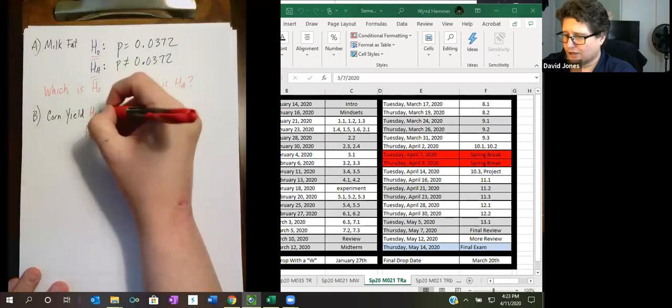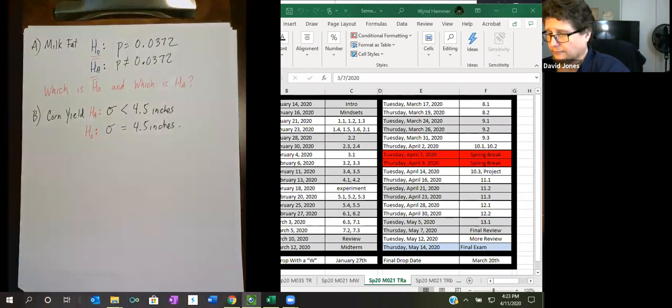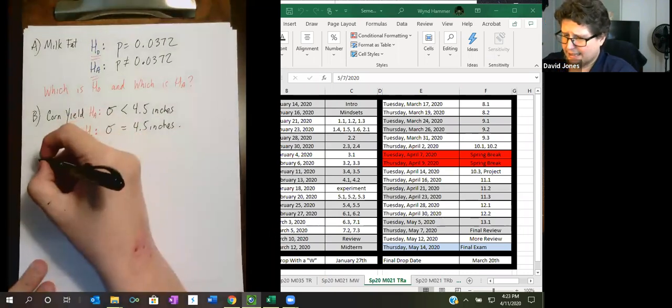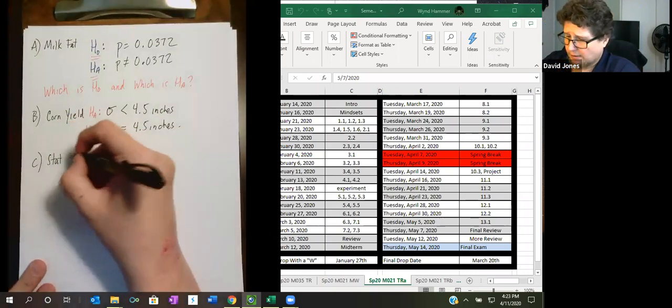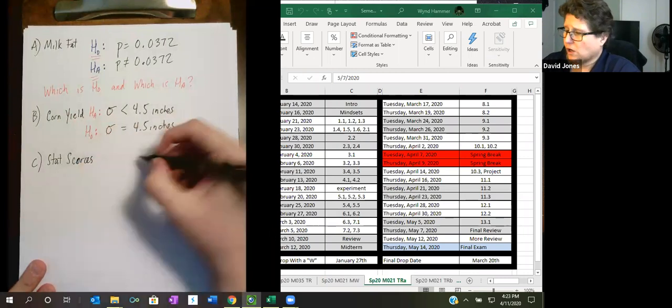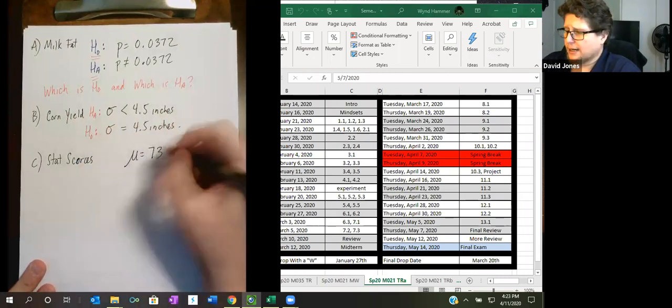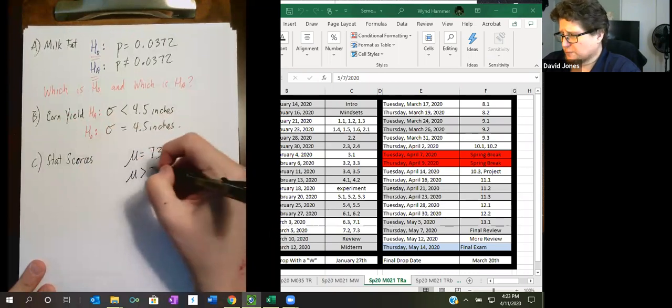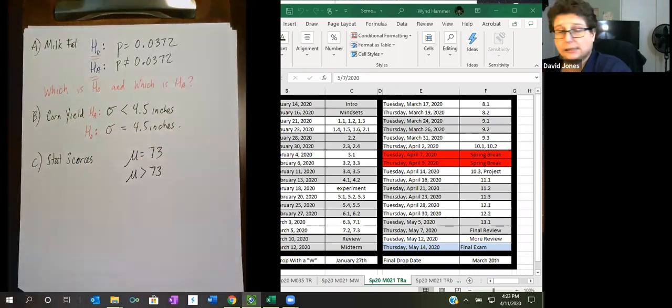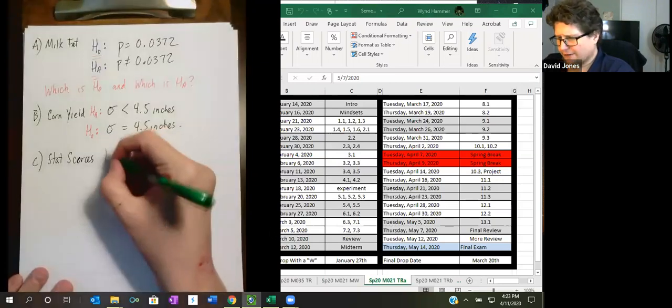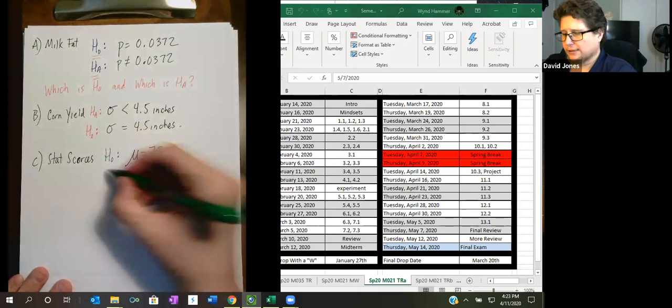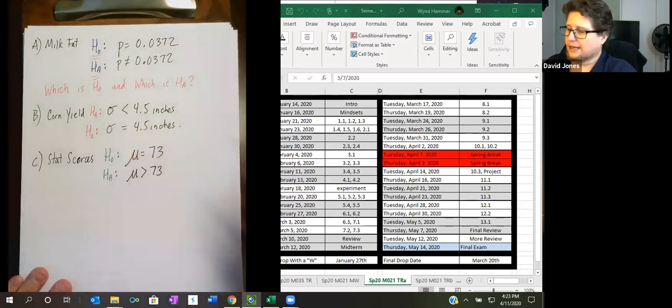That makes the top one HA. Finally, stat scores. We had the mean was 73, and we as professors believe computerized stats increased it. Which is an H0 and HA here? The H0 and the HA. Statement of equality is the top one here, equal sign. And this is the inequality.